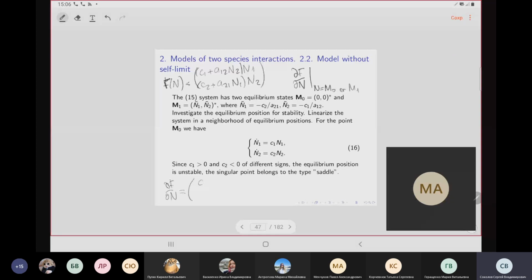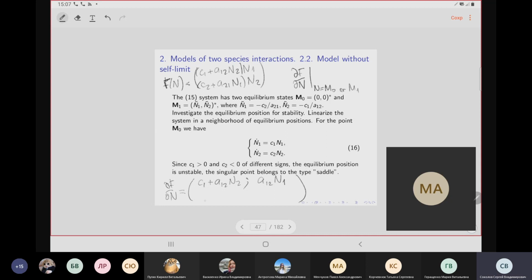So it is c1 plus a12 n2. The second one, c1 n1, when we calculate the derivative with respect to n2 is 0. And for a12 n1 n2, the derivative is a12 n1. Yes, okay, that's right. So these are our derivatives.